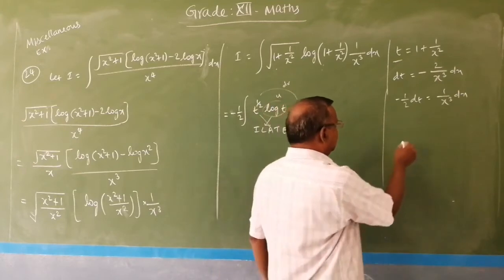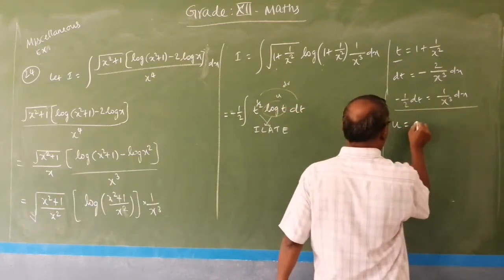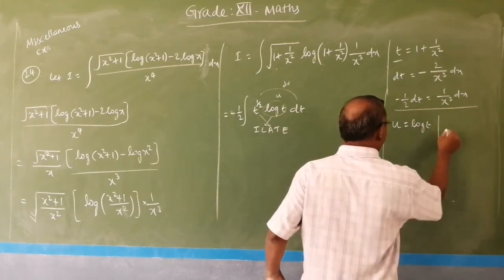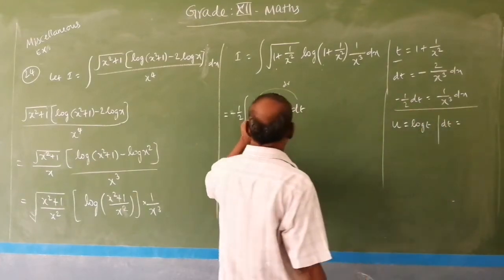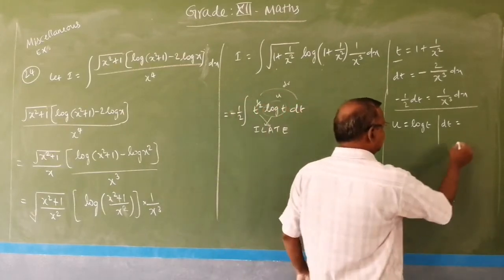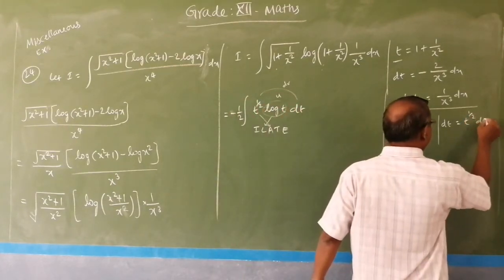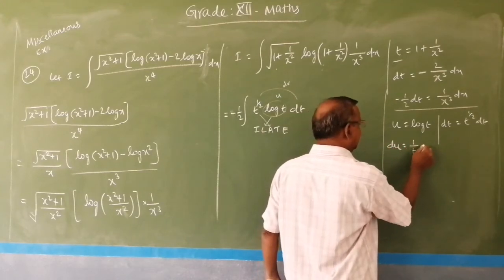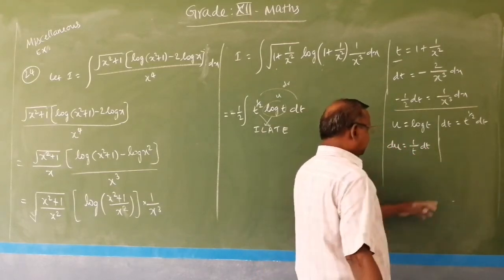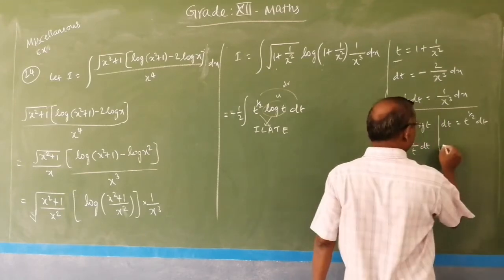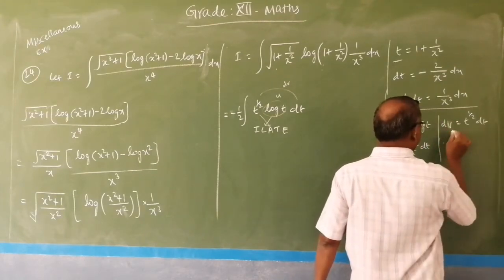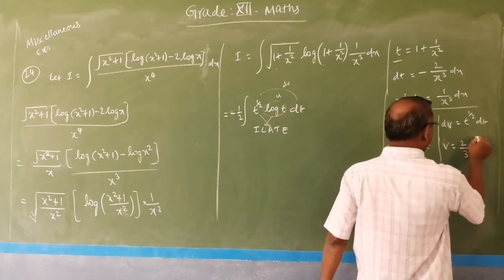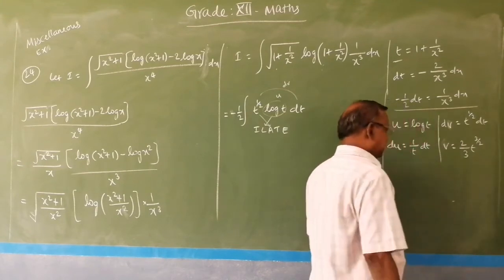So consider u equal to log t, and dv equal to t power 1 by 2 into dt. We have to differentiate u, so du equal to 1 by t into dt, and we have to integrate this, so v equal to 2 by 3 into t power 3 by 2.